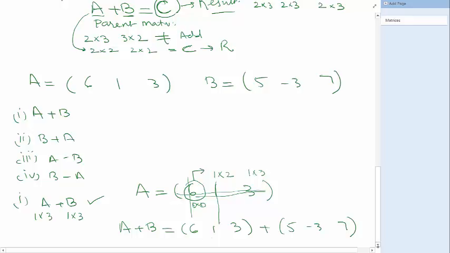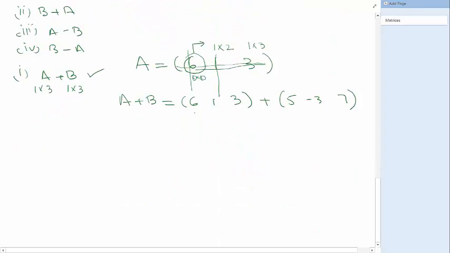We can say that 6 and 5 have the same address, so these are the corresponding entries and we need to add these two. 1 and minus 3 have the same address, so we need to add those two corresponding entries. And 3 and 7 are on the same address, and we have to add them together. So the resultant will be 11, minus 2 and 10. So this matrix is the resultant matrix.